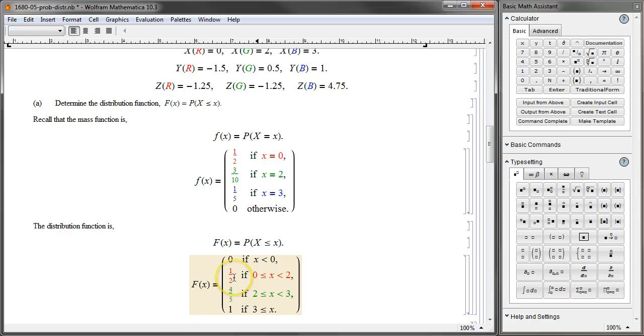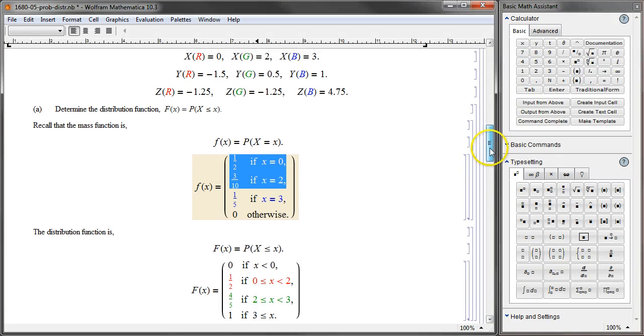We have to add 1/2 and then 3/5. We have to add up because this is accumulation. 0 kicked in and now 2 also kicked in. When x is less than or equal to 2, 2.5, 2.99, all those kinds of things include these two.